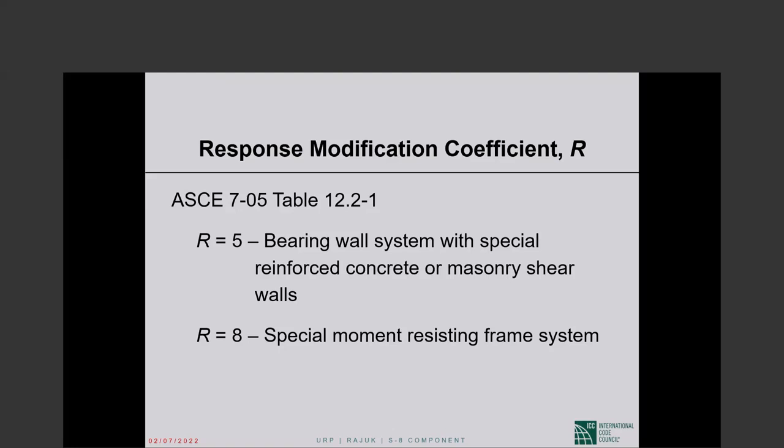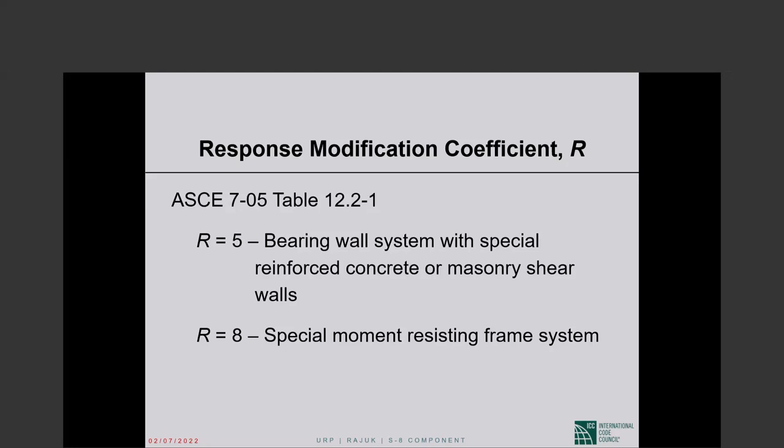It gives you an idea of the R values that we typically are dealing with. The R is 5 for a bearing wall system, and I defined it for you the other day.